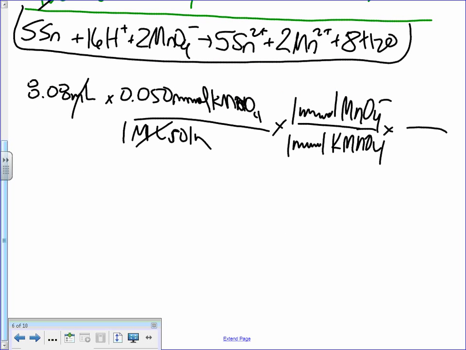Next. So MnO4 to tin solid. What's that ratio? So 5 millimoles of tin solid, which is what this says, to 2 millimoles. It's just a mole ratio. Millimoles of MnO4 1 minus.